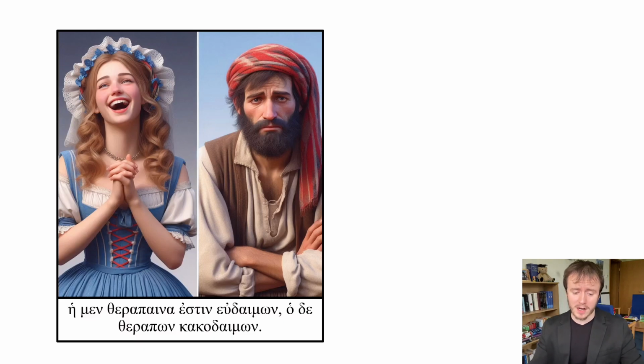Hermen terapaina estin eudaimon, hode terapon kakodaimon. It's very sad, I know. But this does show us a very clear men-de contrast. Men, on the one hand, the terapaina is like this. De, on the other hand, the terapon is like this.